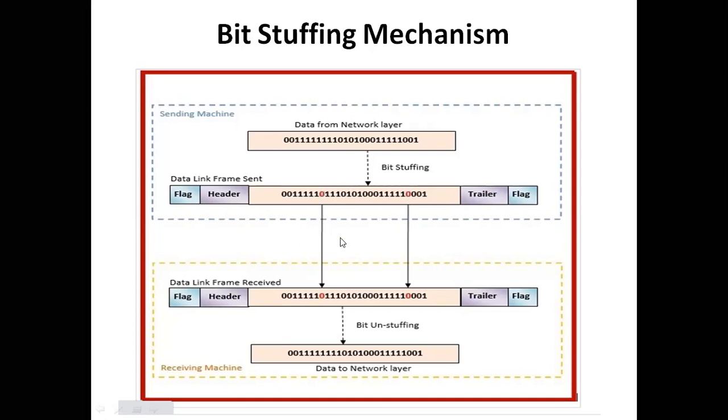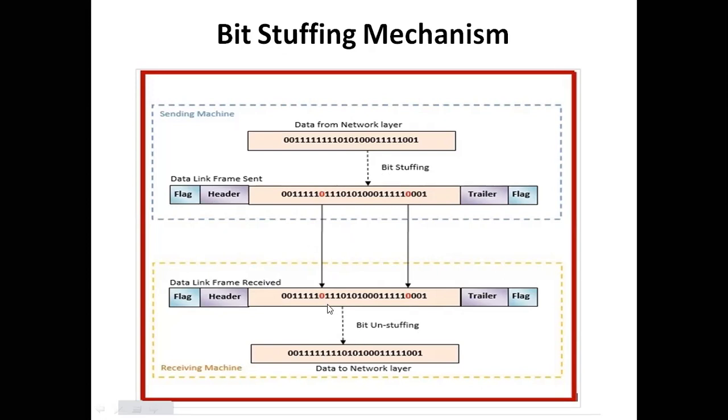At the receiver side of the data link layer, when the bit-stuffed information is received, the receiver understands that if any consecutive five ones are followed by a 0, that 0 can be unstuffed, that means taken out from the data.